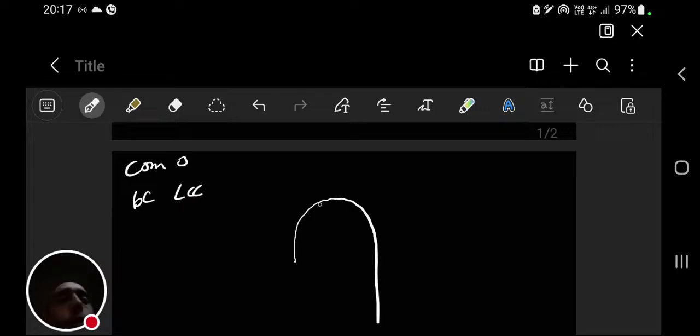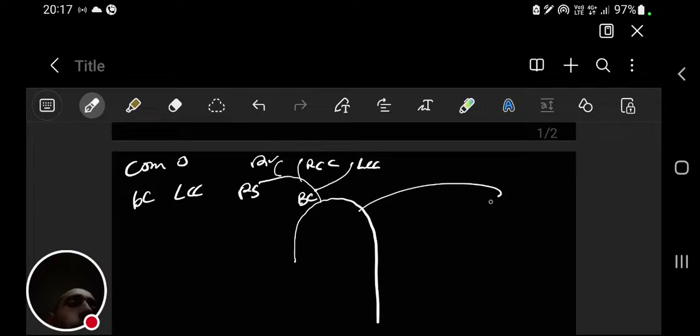Namely, we have the brachiocephalic and all its branches, the right common carotid, the right vertebral, the mammary and everything. This is the right subclavian. But from here, you see the left common carotid. It comes from the brachiocephalic artery. And here, of course, you see the left subclavian artery with its left vertebral.